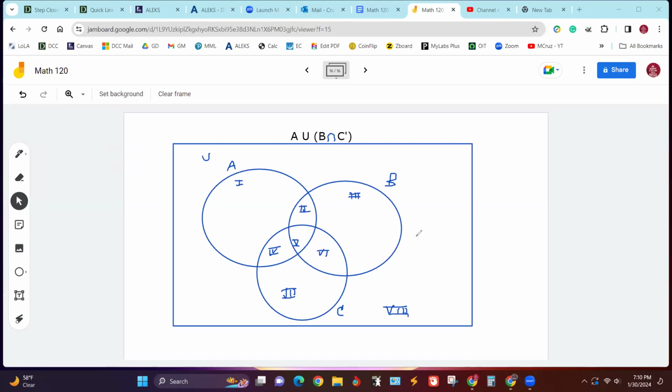All right. So A union, B intersection C complement. The way I like to do this, and I probably should have left a little room, but we'll have some room over here.